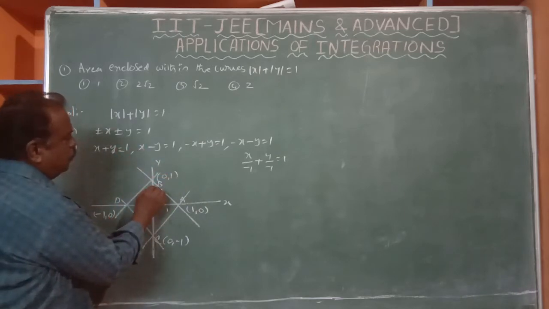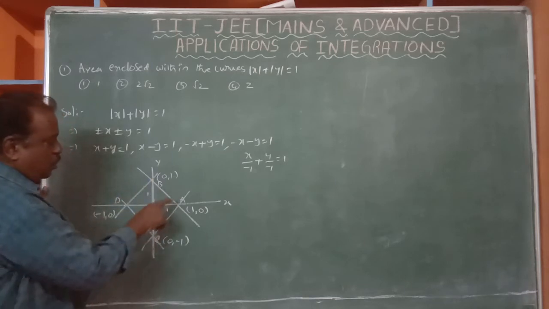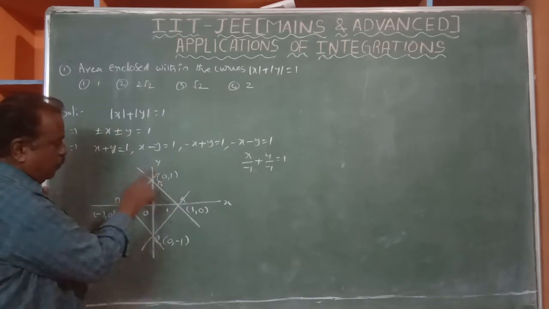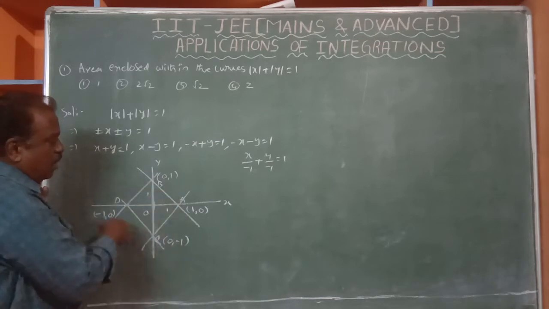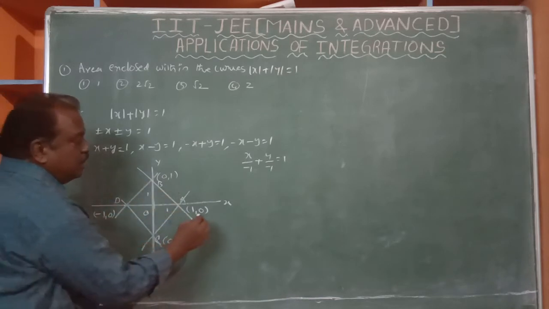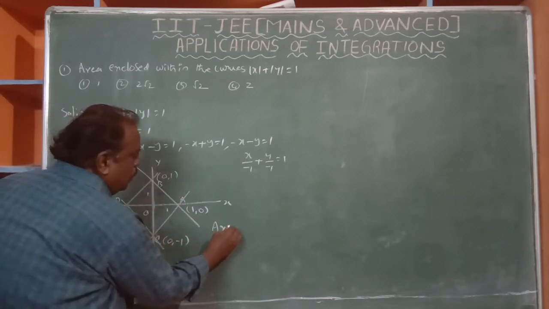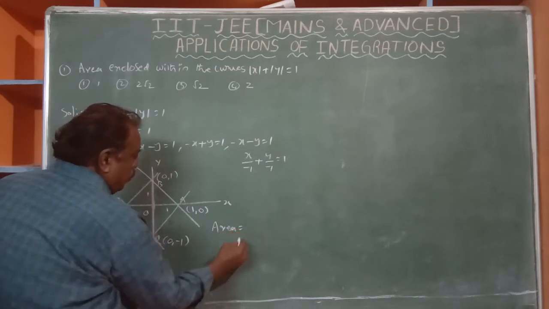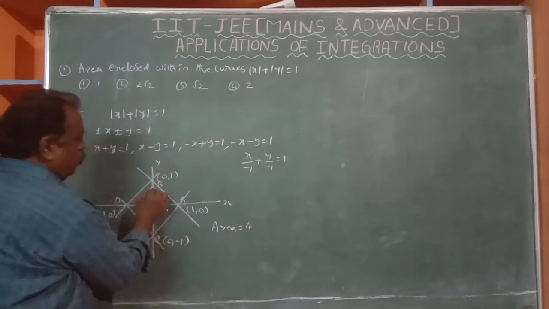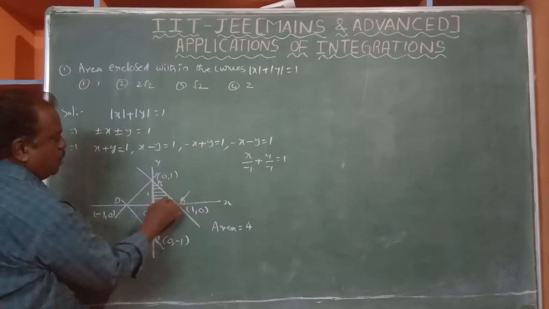You see, the area enclosed means the total ABCD is a square. The area is 4 times this area. Is it correct?